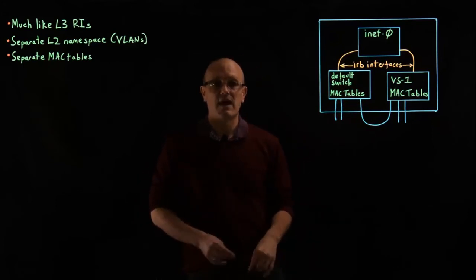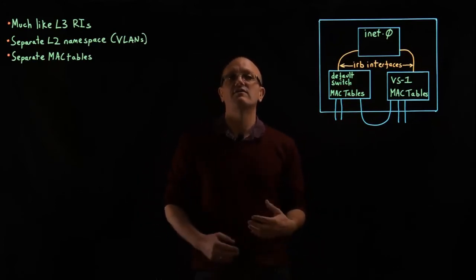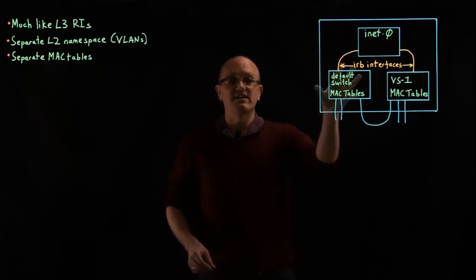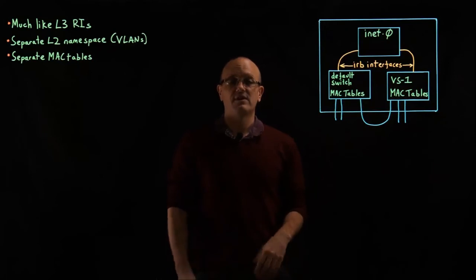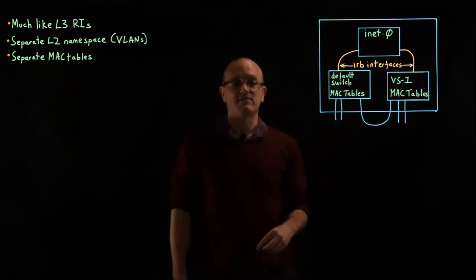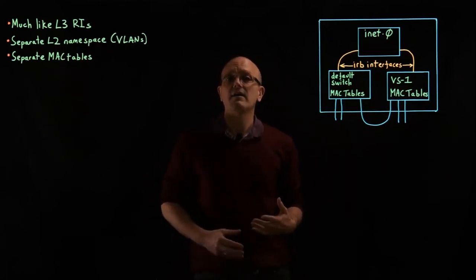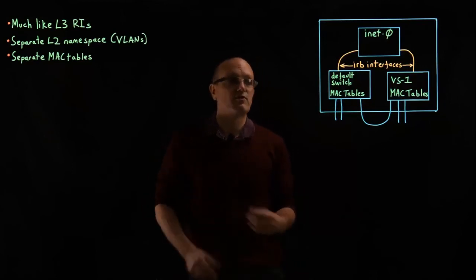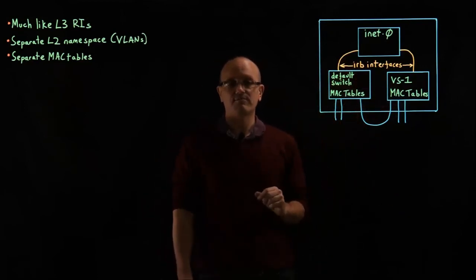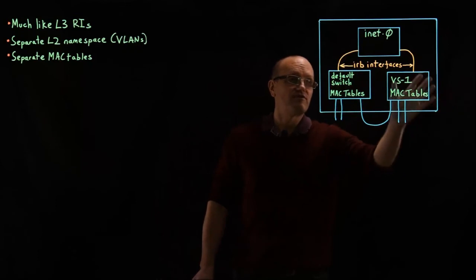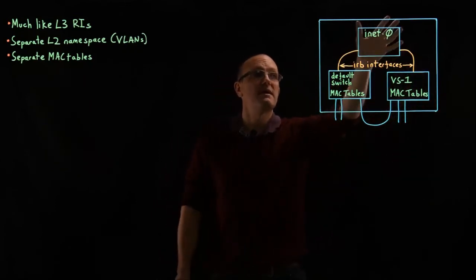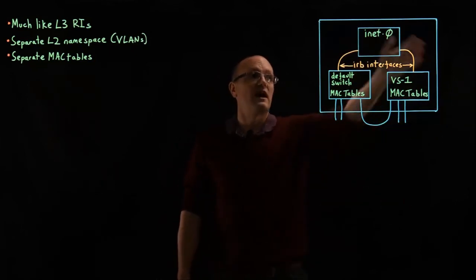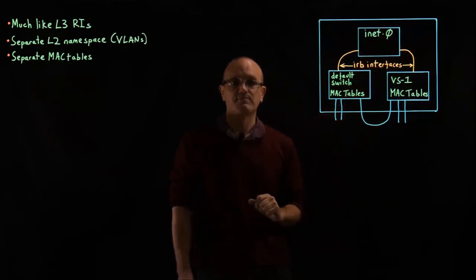You configure a routing interface under your bridge domain, either in your default switch or in your virtual switch, and this routing interface is going to be an IRB interface. And the IRB interface, whether it's for your main default switch instance or any virtual switch instance, by default gets placed in the main master routing table, the inet.0 routing table.